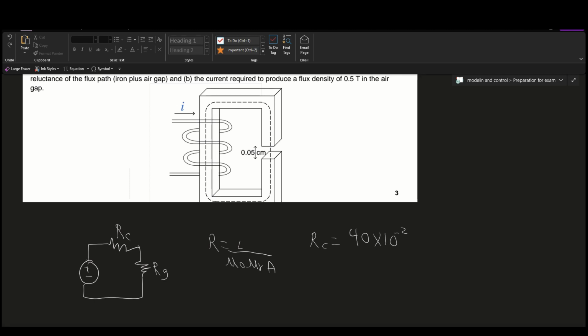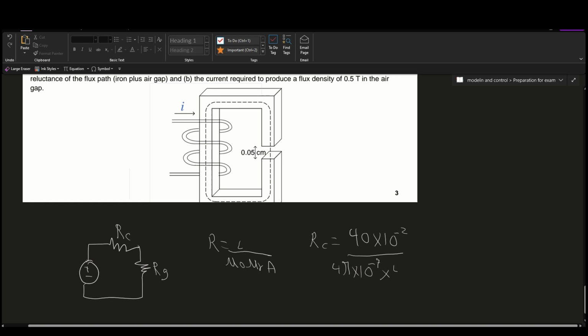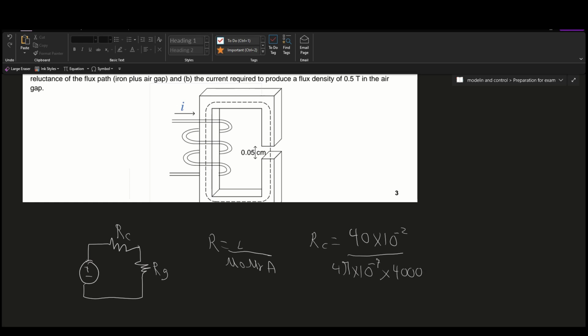We multiply by 10 to the minus 2 to make it meters. And we have the permeability of air, that is 4 pi times 10 to the minus 7. And now we need the relative permeability of the core. Let's see if it is given. Yes, it is given, and it says that it's 4,000. I always confuse the terms.